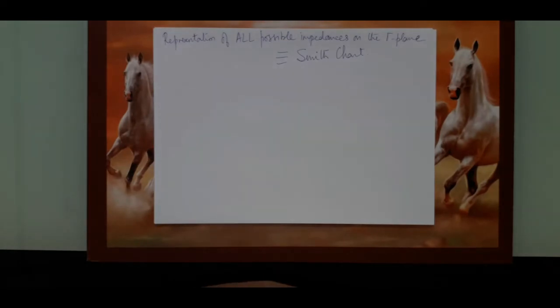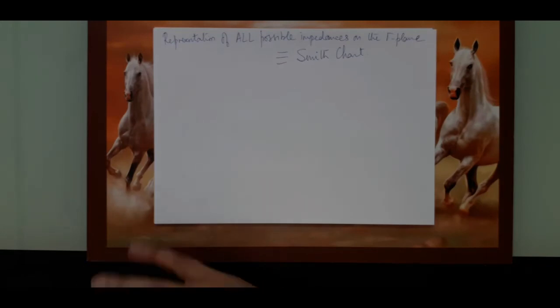So this study was done, I believe, in the year 1939, which is over 80 years back. It was done by this scientist called Philip Smith, and thanks to him, a lot of the headache of having to remember all those difficult, tedious, mind-boggling formulae for transmission lines has been reduced by a lot.